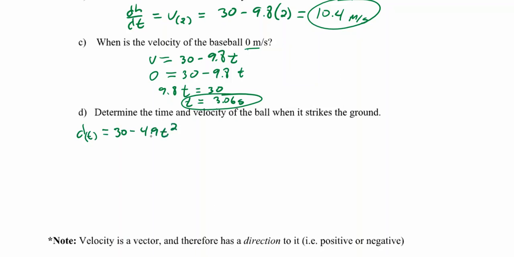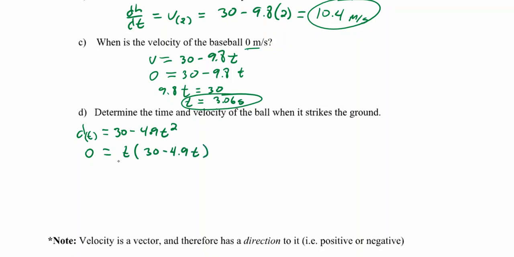When it hits the ground, this is my height, so this is the one I want to set to 0. Okay, so we'll set this equal to 0. And we'll factor out a t in the first one, right? So this would be t times 30 minus 4.9 t.